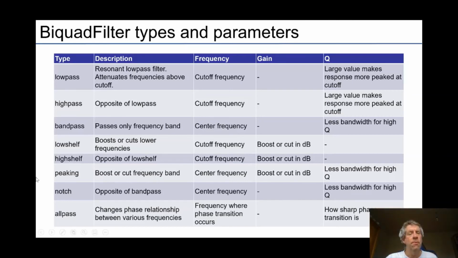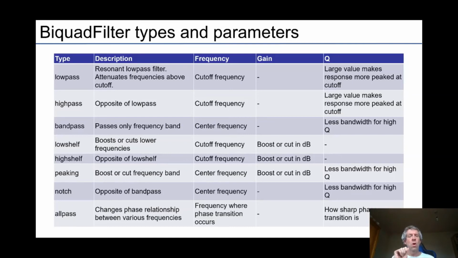So first off, we have low pass and high pass, band pass filters, low shelf and high shelf. Those mean the same in every situation. But here, the peaking filter, they refer to the same type of filter whether it has a boost or a cut. Their notch filter is what others refer to as a band stop filter.